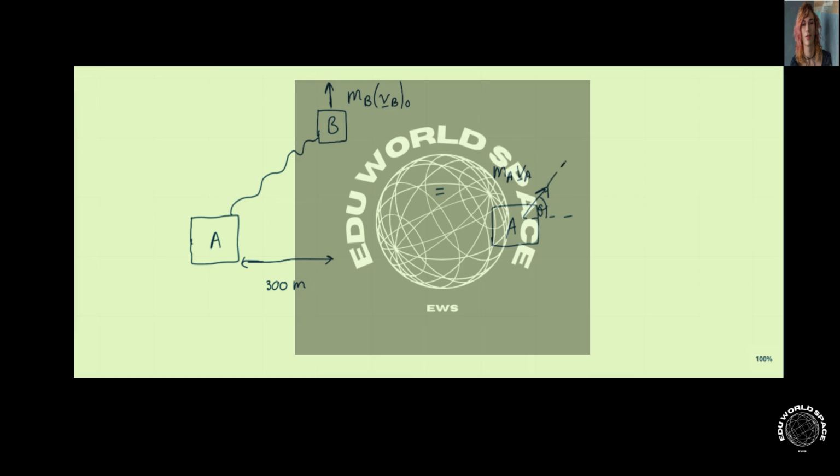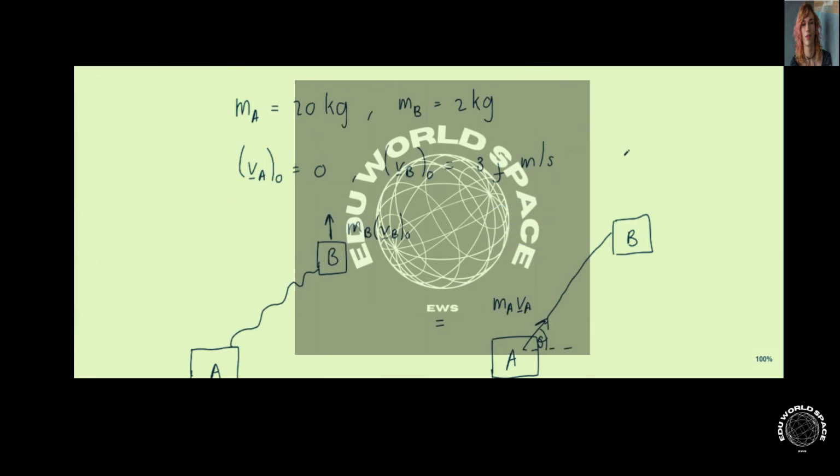The chord is now taut, and satellite B now moves with final velocity in the same direction and has momentum mB vB, where vB is its final velocity. Again, this angle to the positive x-axis is theta.